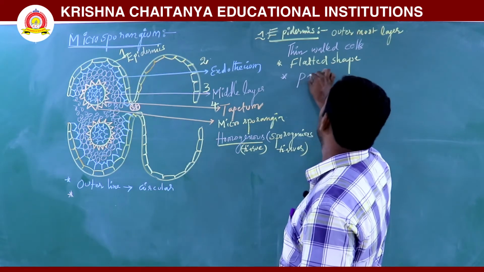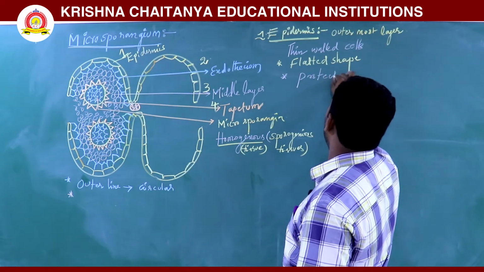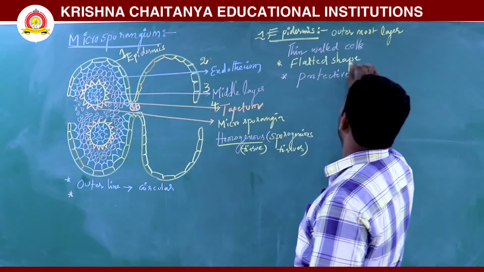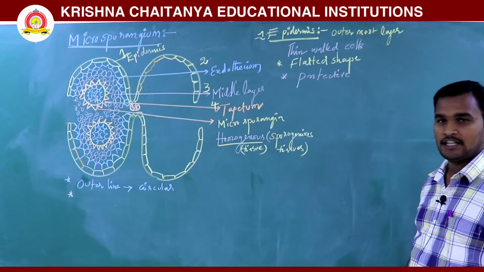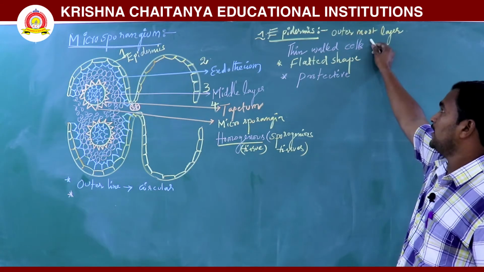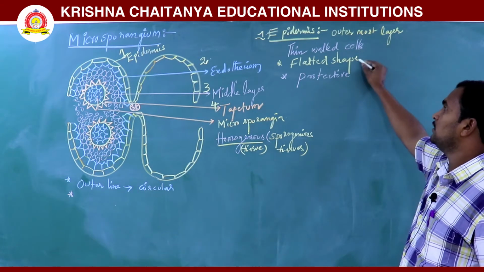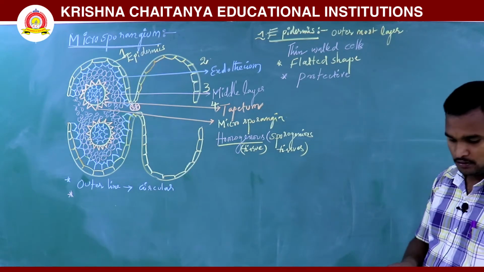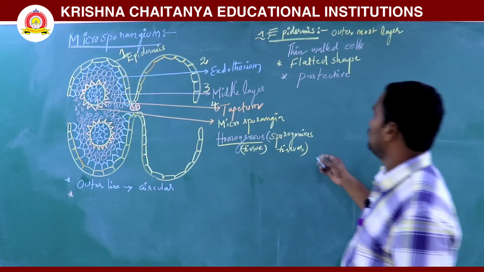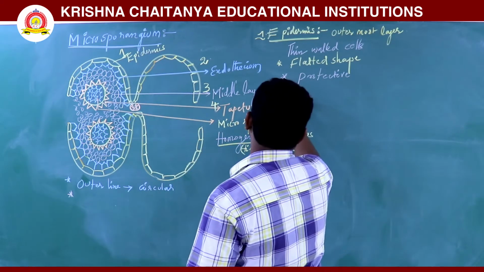So, outermost layer, thin walled cells, flat shape, and protective in nature.